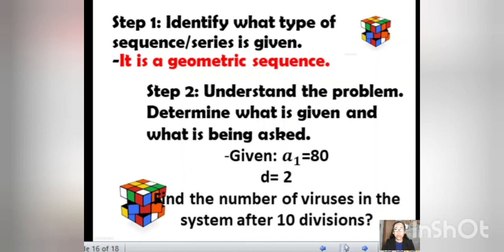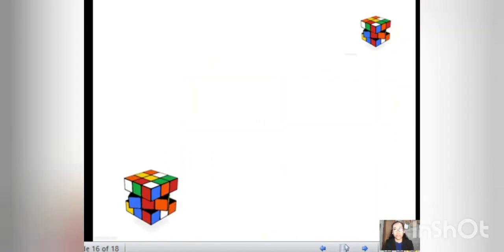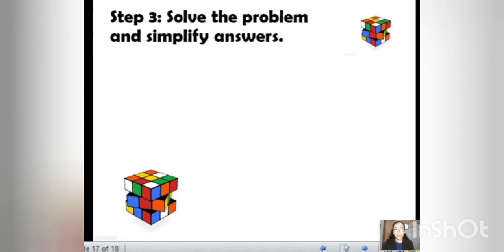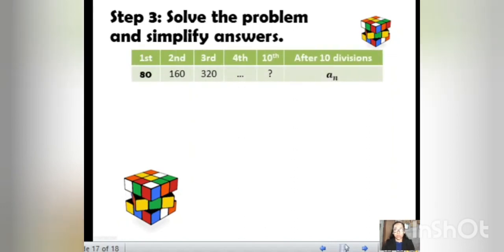So find the number of viruses in the system after 10 divisions. Step number 3, solve the problem and simplify your answers. So the first division, we have 80. For the second division, 160. Third division, 320.